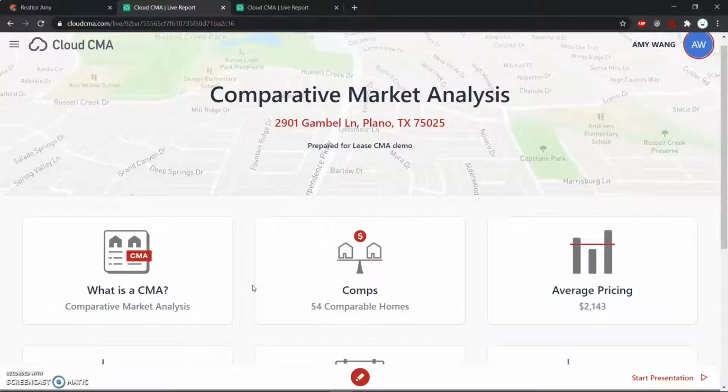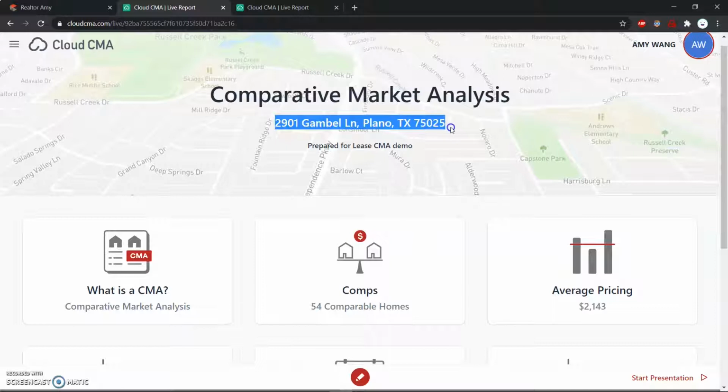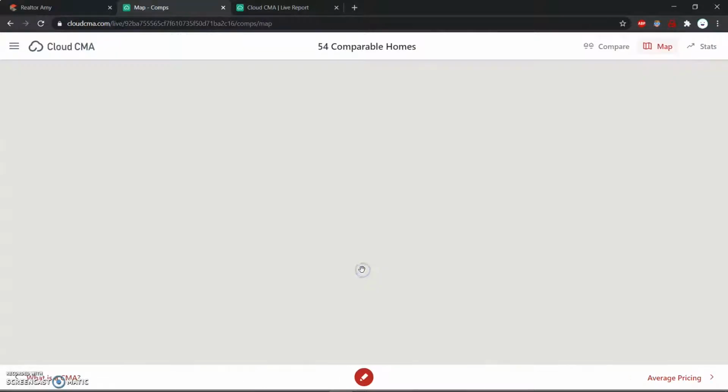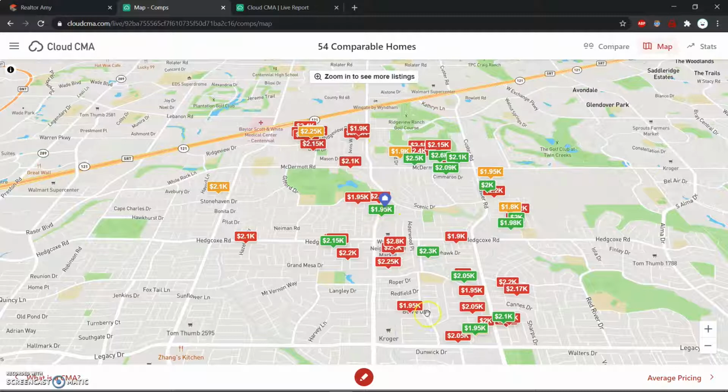Compared to a traditional CMA, the Cloud CMA is interactive and more informative. We chose this address as an example, and this is a CMA for lease. If you click the comparable homes, it will show all the similar houses for lease around this reference house.